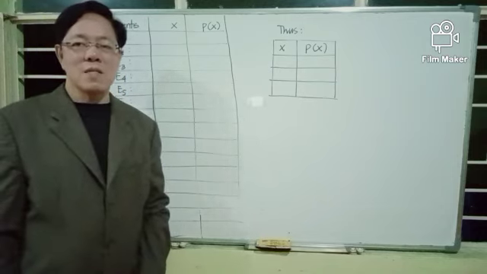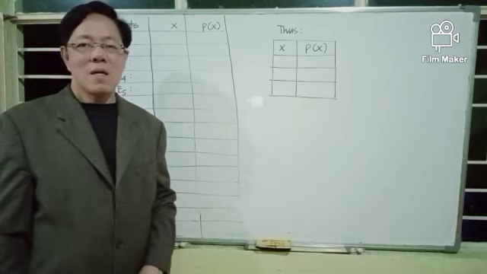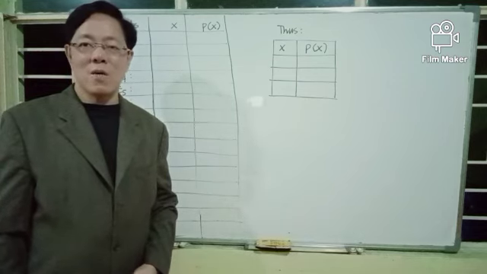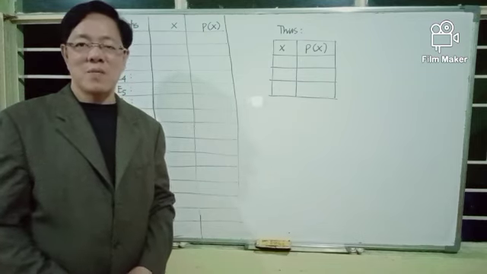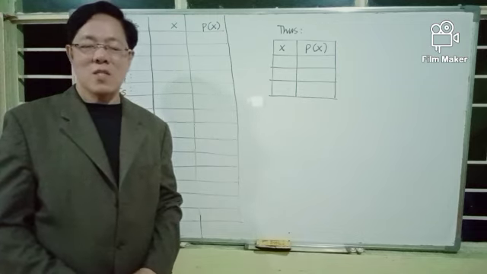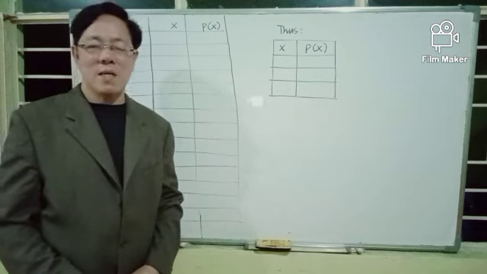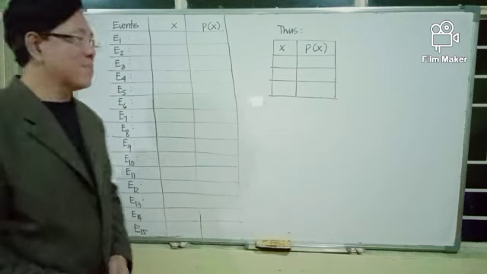And one of these events is the event where the customer selected both of the 2 defective items from 6. The customer selected the first defective item and the second defective item.